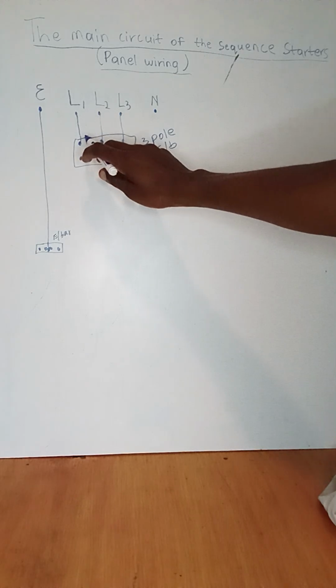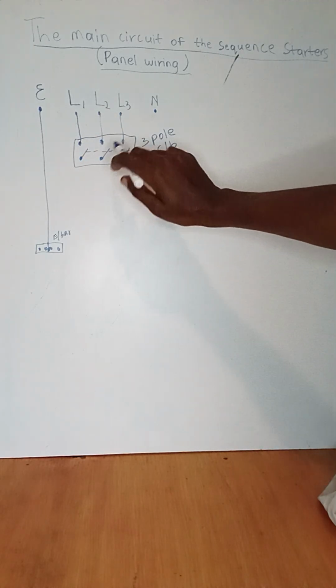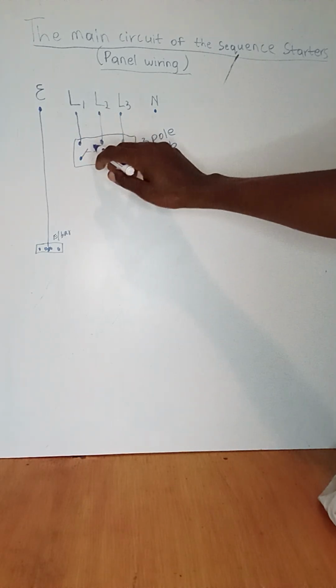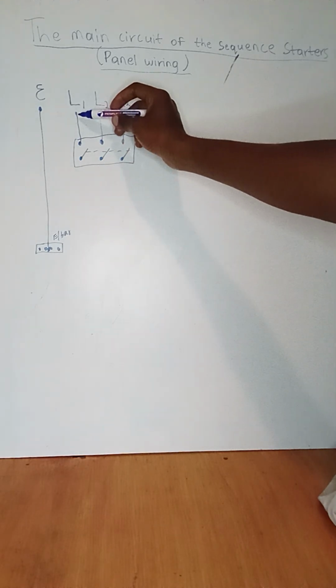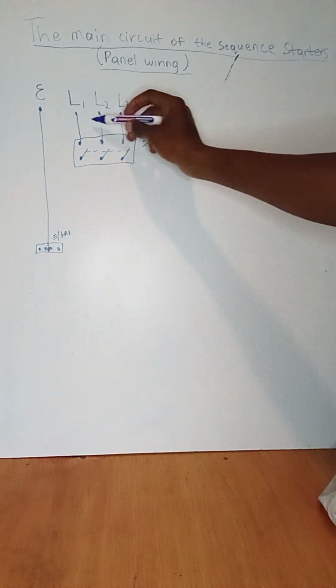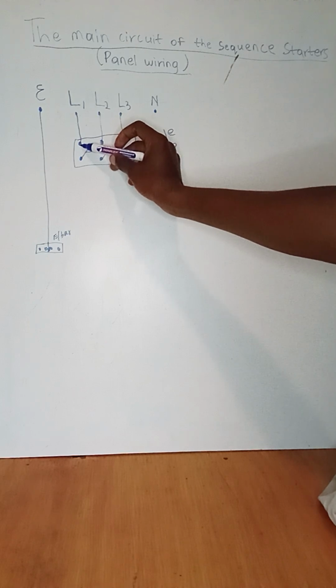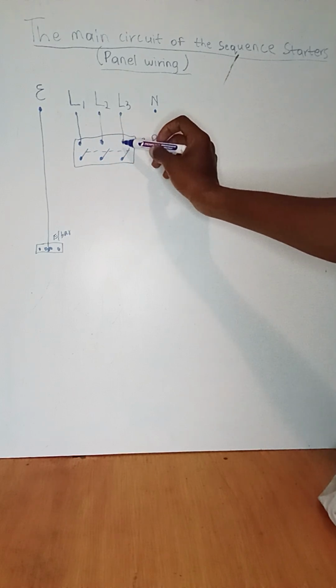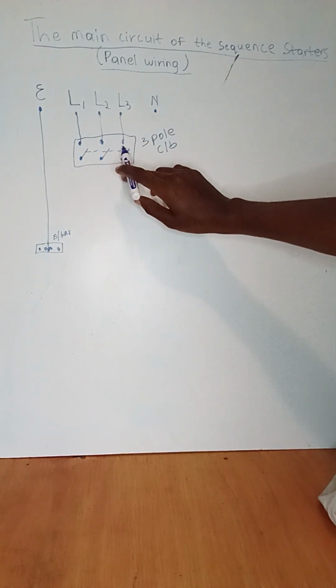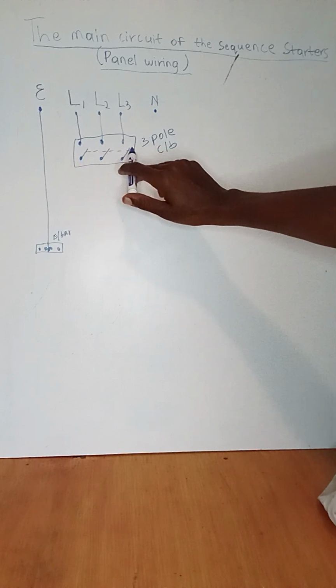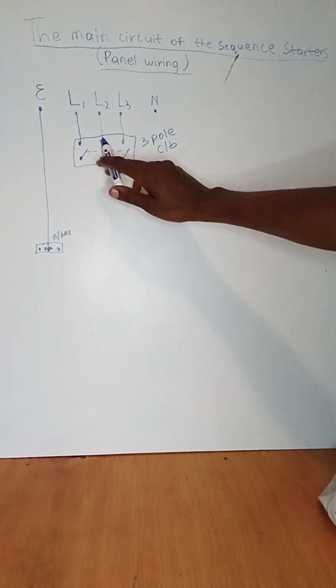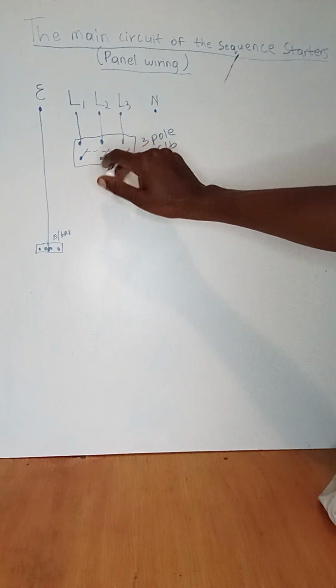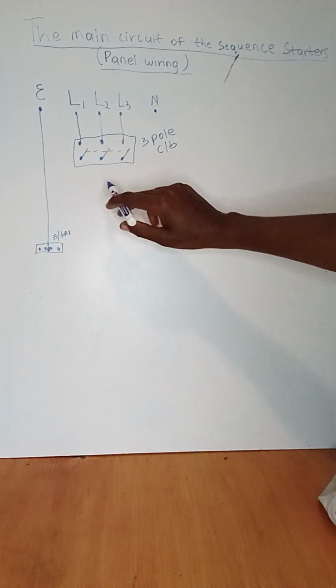So when our phases are connected like this, it means our current is from the supply voltage until the top points, only the top points. The current will not flow because we have the open contacts in the 3-pole circuit breaker.